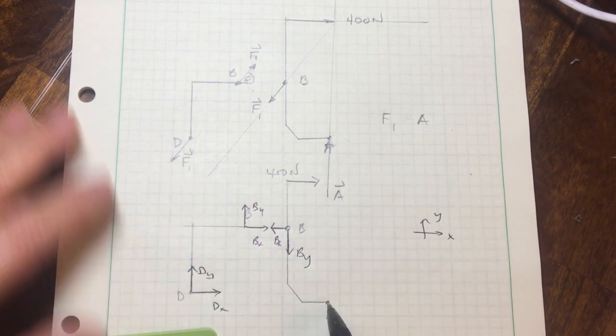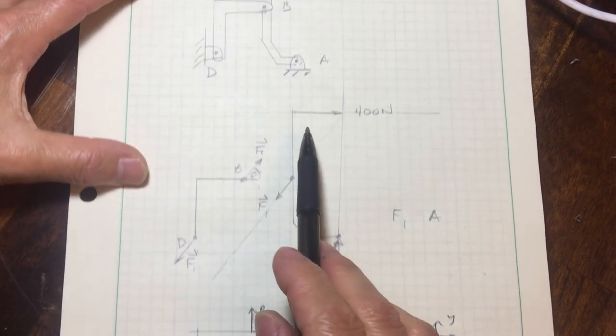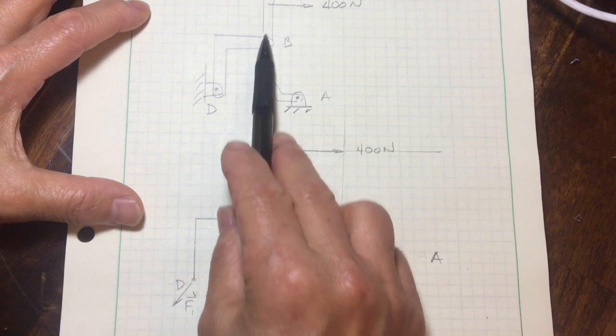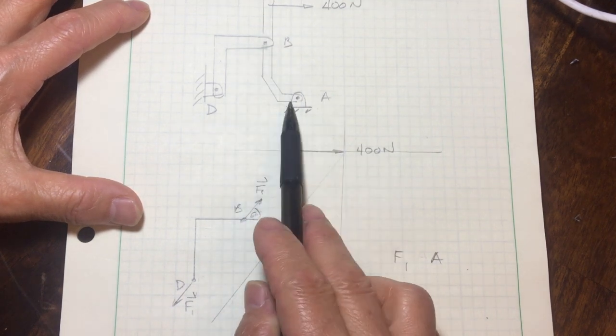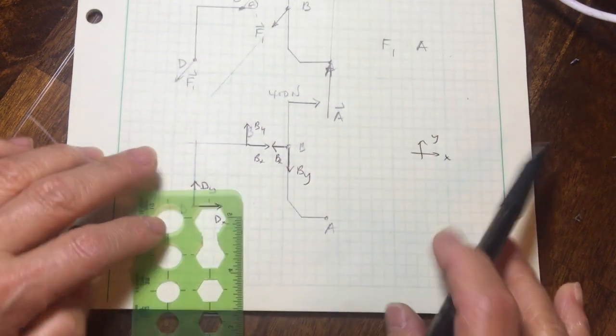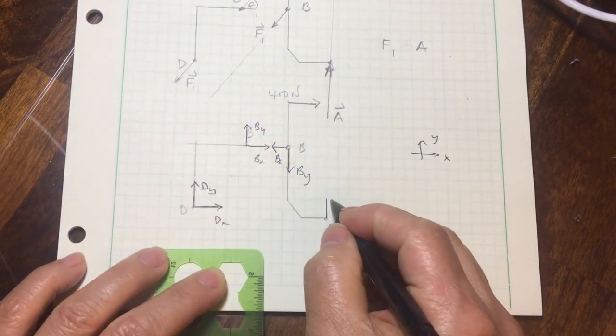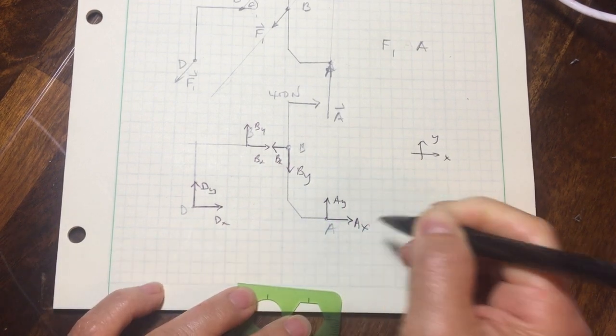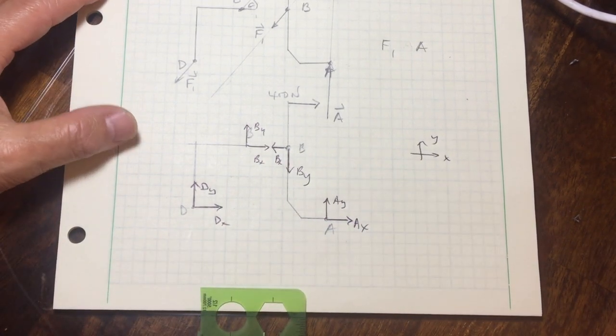And at A, that pin support prevents AB from translating in the X and Y. Therefore, there would be a reaction in those directions. So I would have Ay, Ax. Okay, so that's my free body diagram.